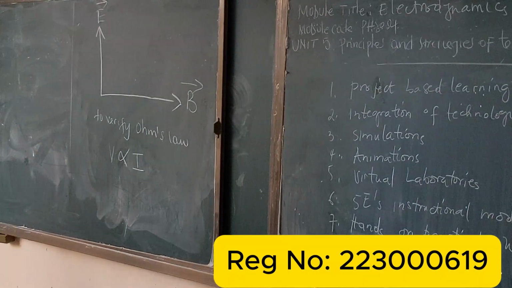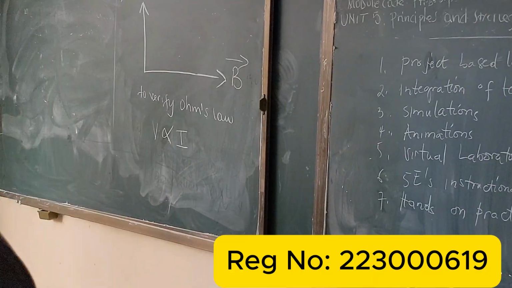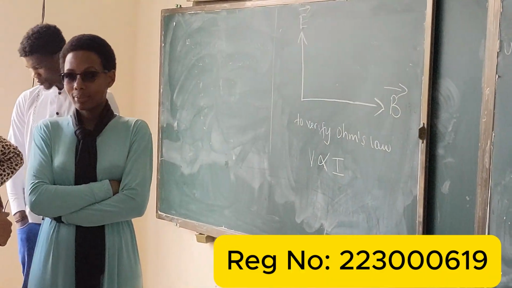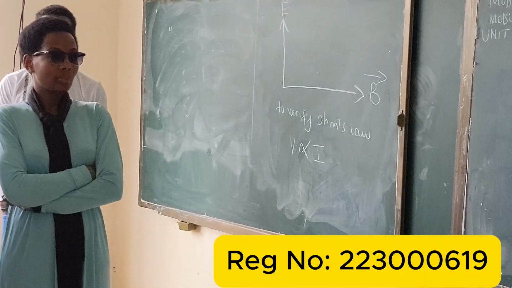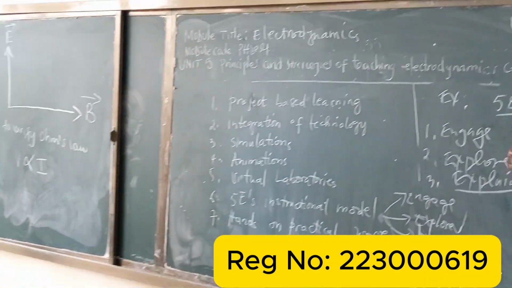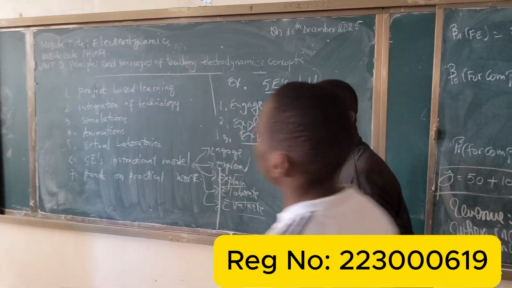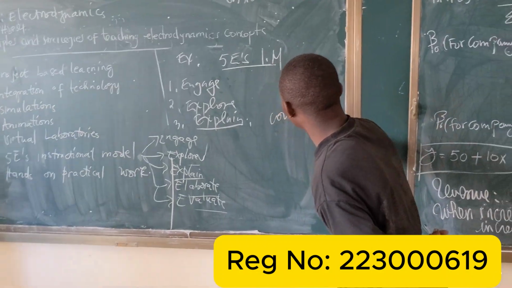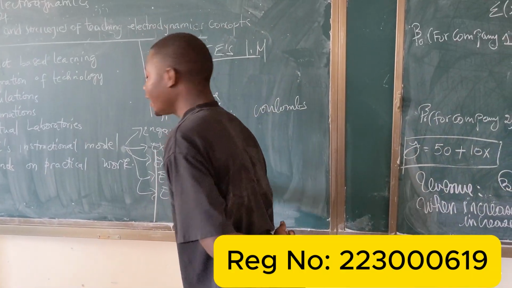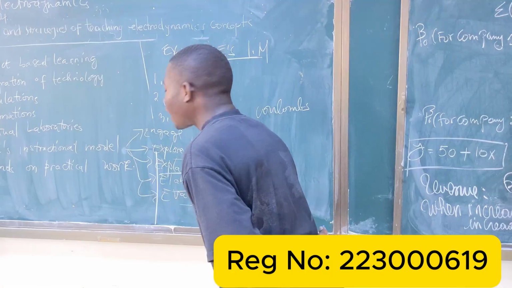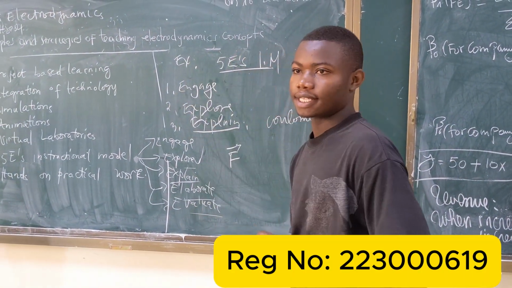The third one is the explain phase. After the learners let go of the balloons and observe the repulsion, the teacher starts to introduce the concept related to Coulomb's law, showing the relation between the electrical force and the distance.